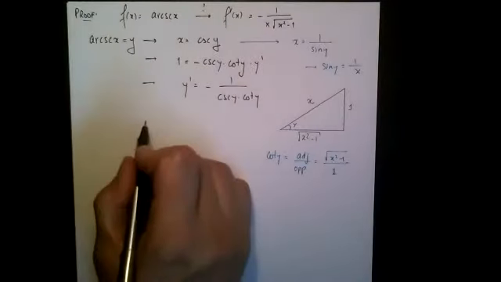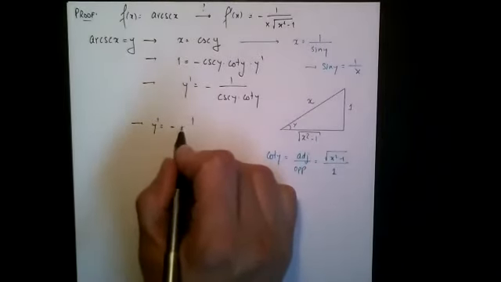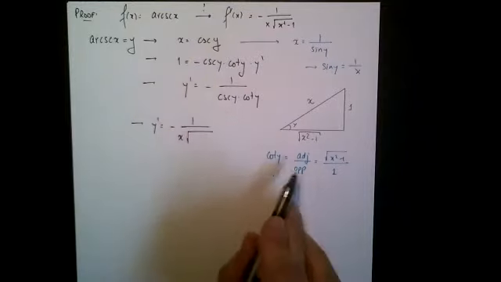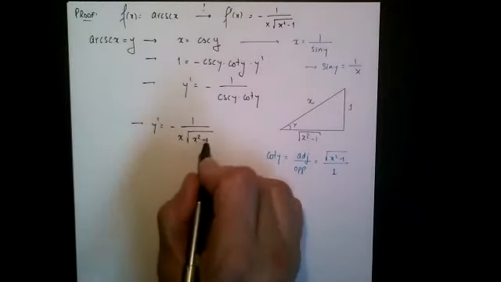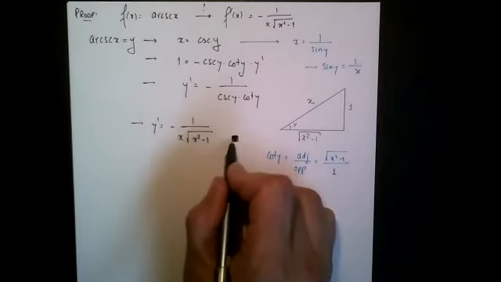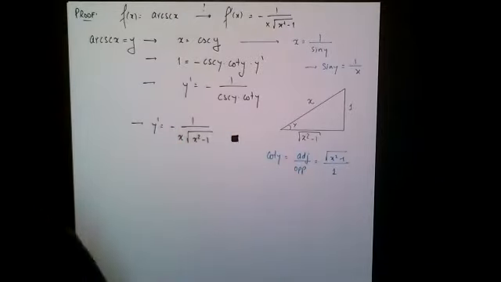I replace everything here and I'm done. So y prime is negative 1 over x times cotangent of y, which is root of x squared minus 1, and I'm done. That's it. We proved all 6.